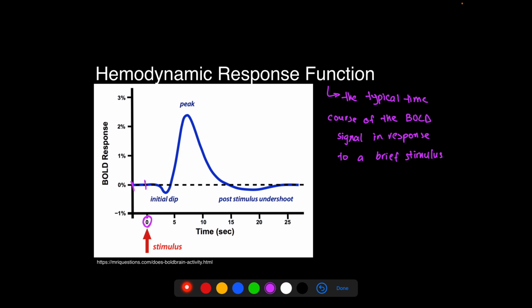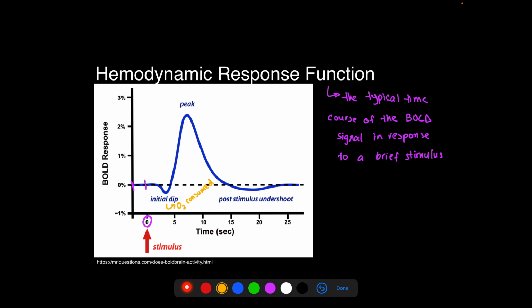So at time 0, let's assume that we asked the subject to clap. We see an initial dip in the BOLD response, which is where oxygen is consumed. And that means we have more deoxygenated hemoglobin, so the MRI signal decreases.